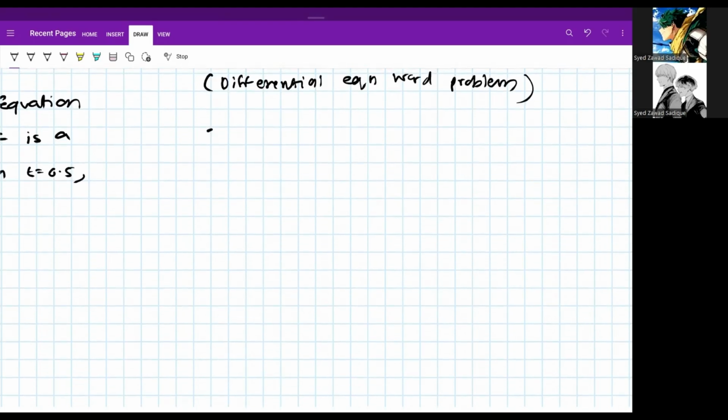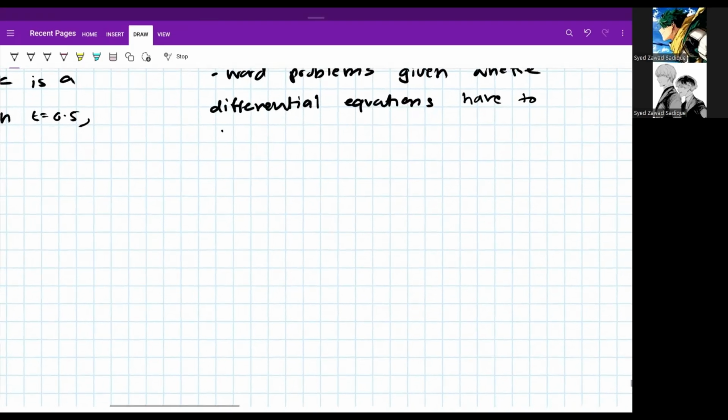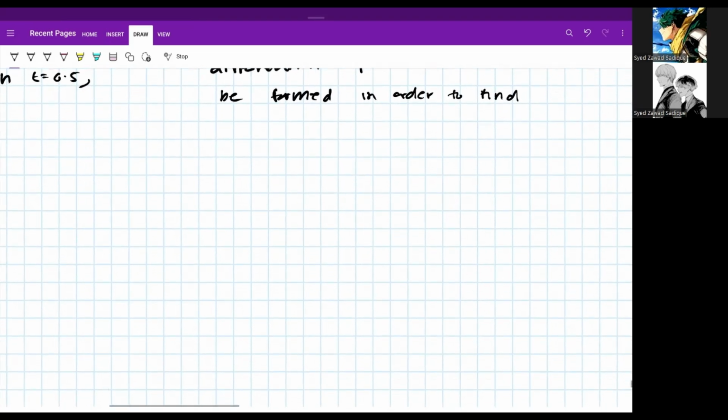Now, before we get started, I'd like to give you guys a note. That is, word problems given where differential equations have to be formed in order to find quantities from a general solution.